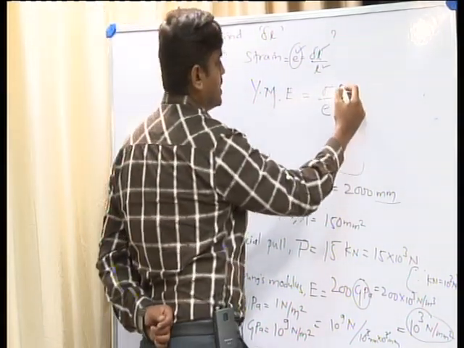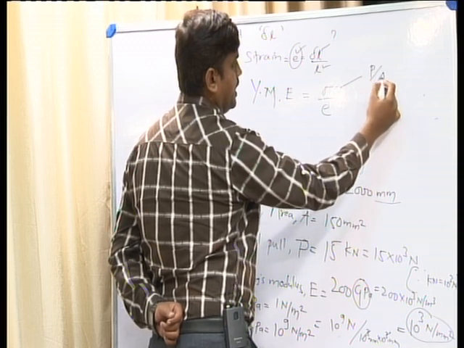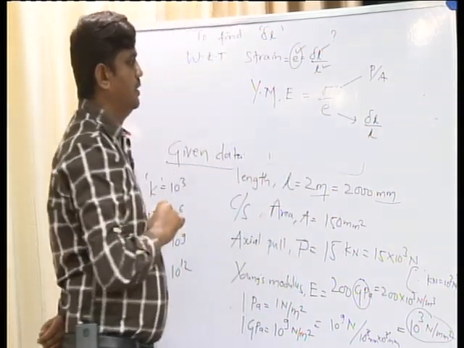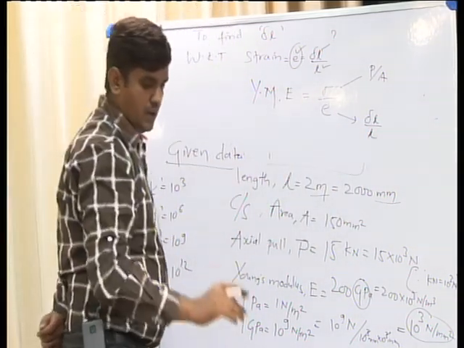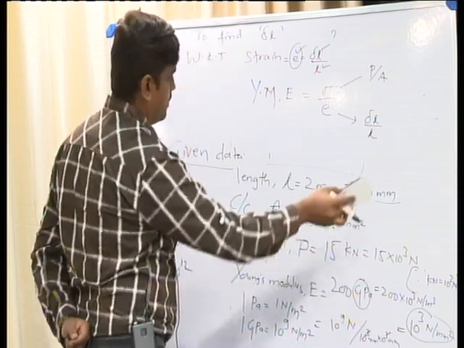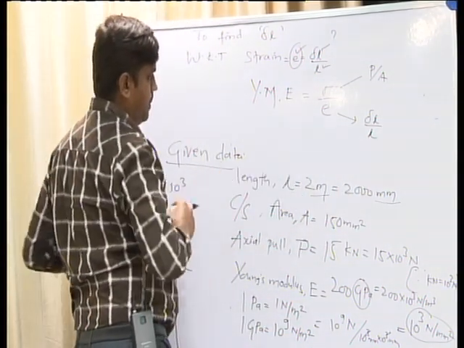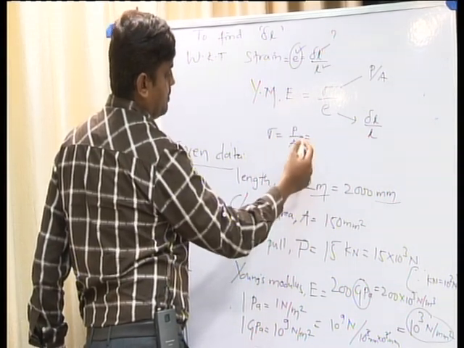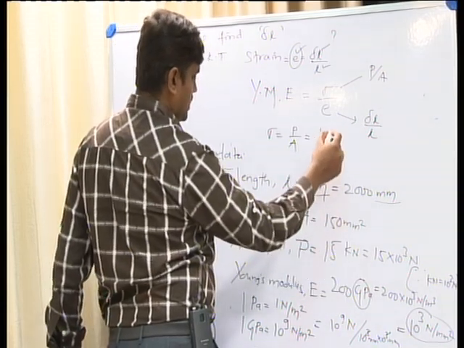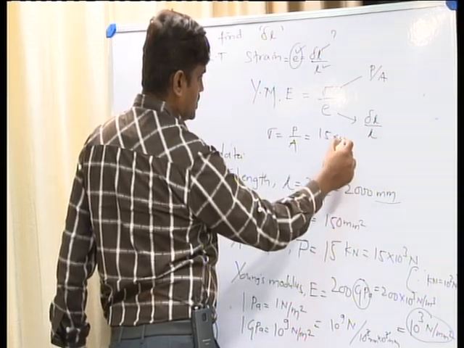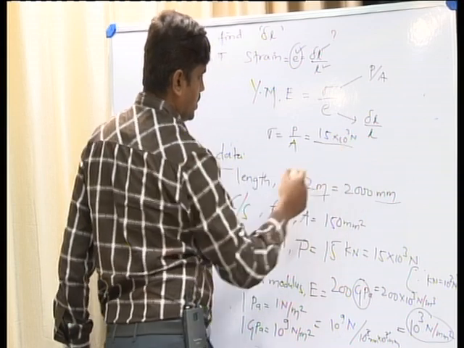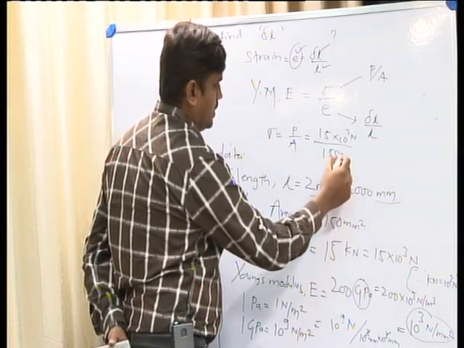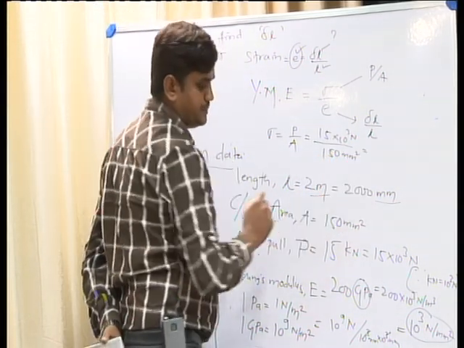Stress is P by A, strain is delta L by L. First let us calculate the stress sigma, which is P by A. P is 15 into 10 raised to 3 Newton divided by area 150 mm square.